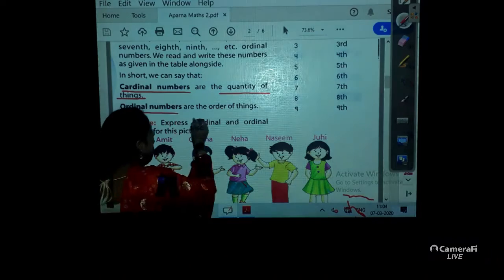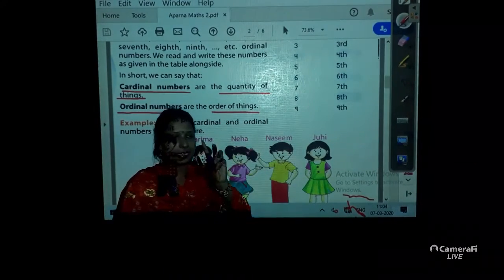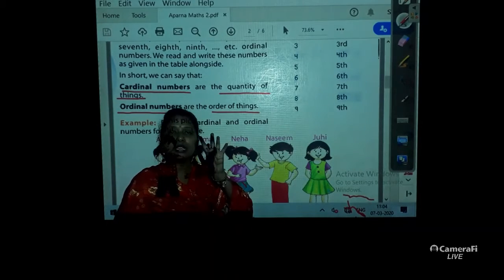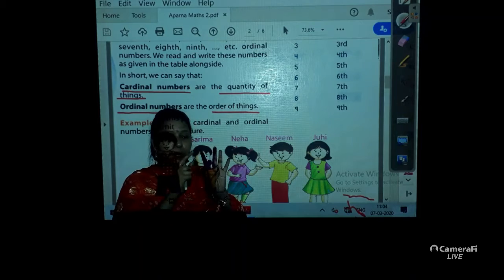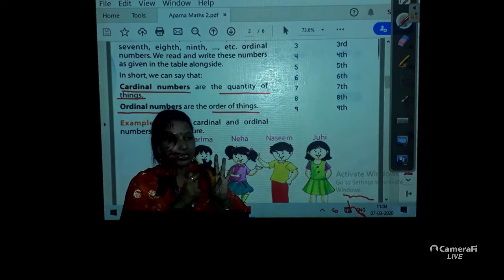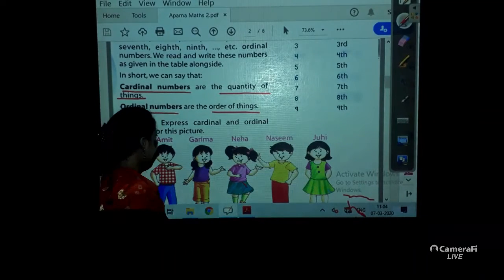Now ordinal numbers are the order of things. Suppose it is first, second, third, fourth. So it is easily understood that the position of this finger is first, this is second, this is third, this is fourth.